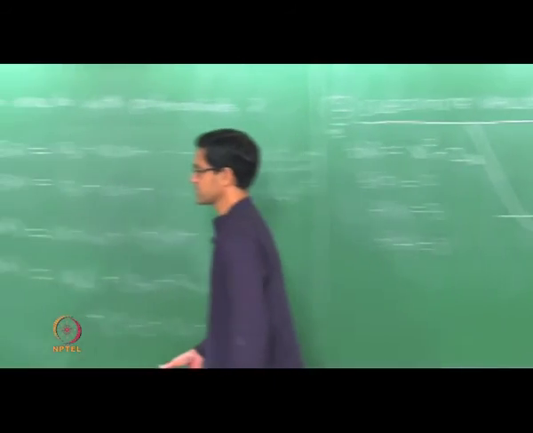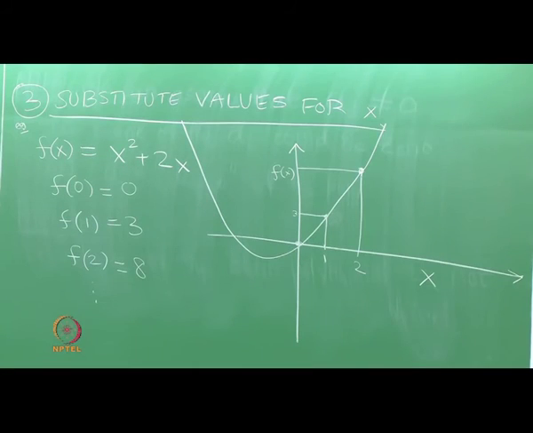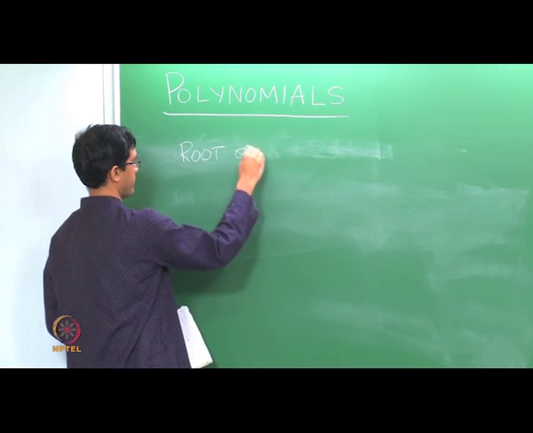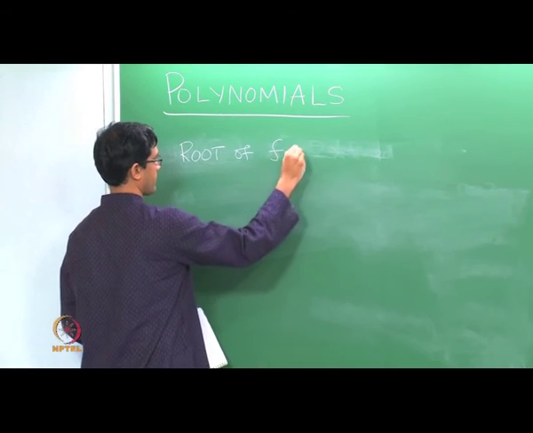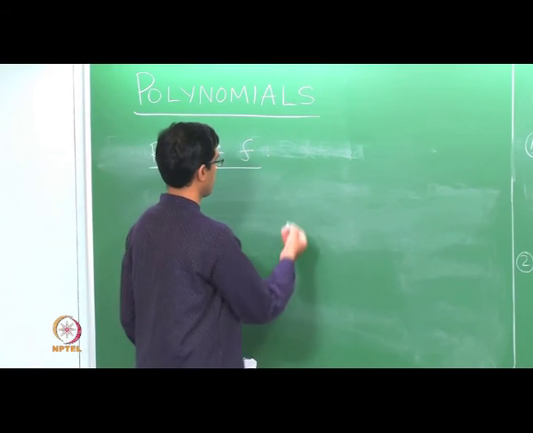and this brings us to the notion of a root of a polynomial. So what is a root? A root of the polynomial f is just a value at which the polynomial becomes 0.